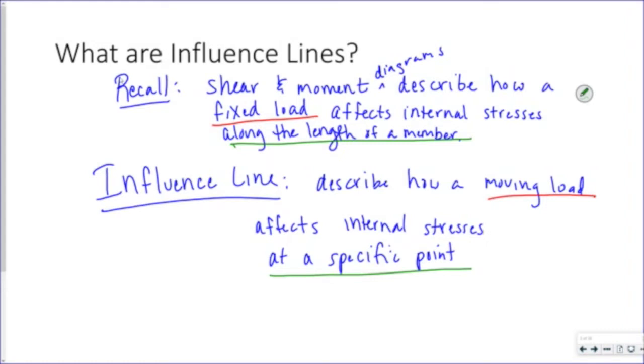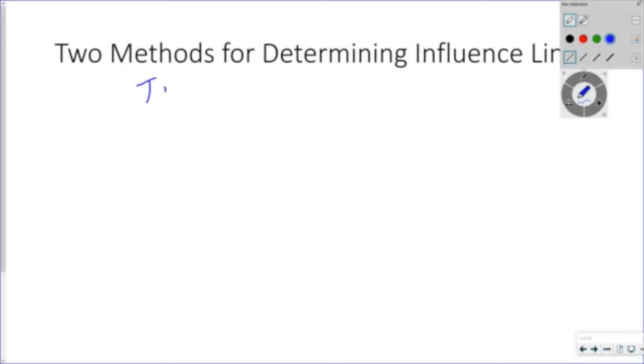So there's two methods of determining an influence line. Actually, there's three, but we're going to start with two for determining functions, right? For determining values, there's two, right? There's our tabulated and there's a function.